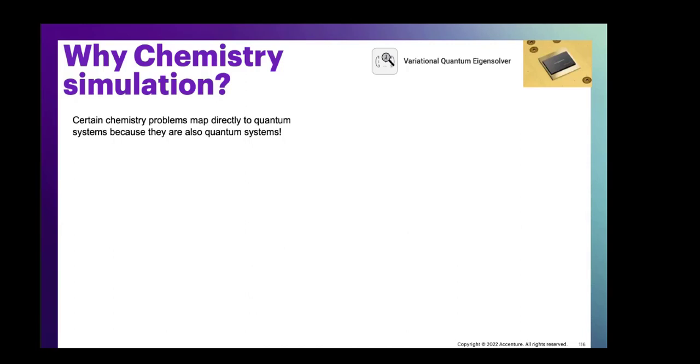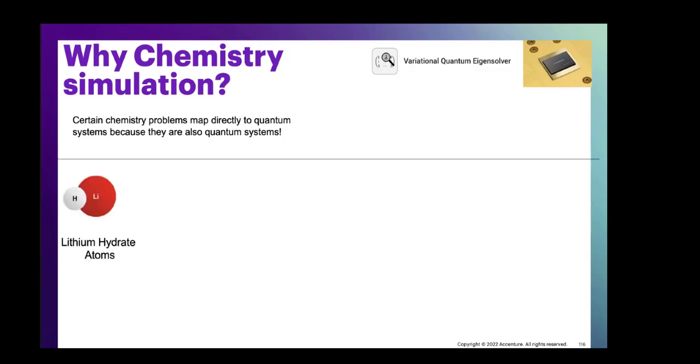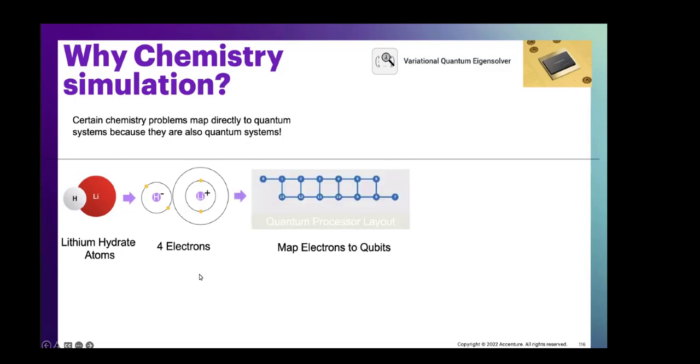So another view to think of this is, why use quantum for something? I like to walk through these examples where we say, here's a lithium hydride atom. We can take the structure of this atom, and you see there's 4 electrons. And then we look at our quantum chip, and we say, we're going to simulate those electrons as qubits on our quantum chip.